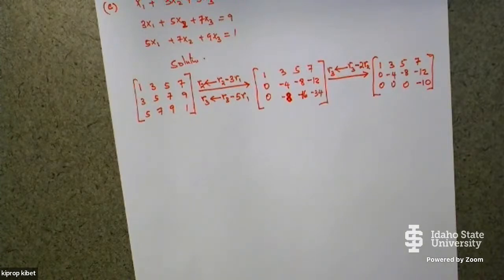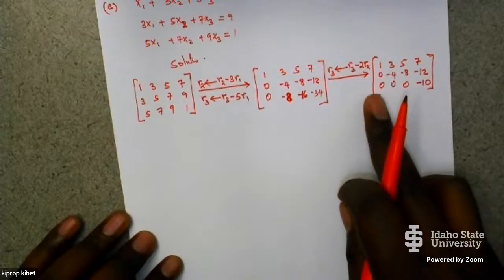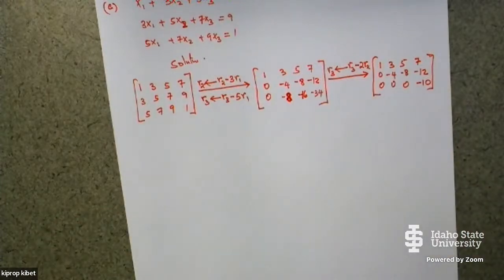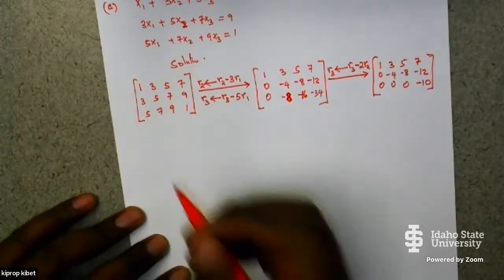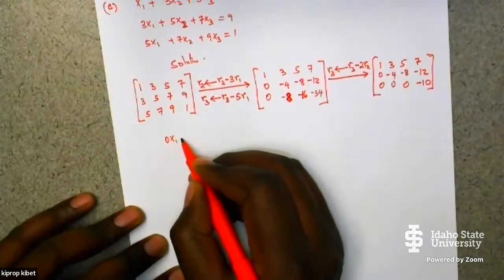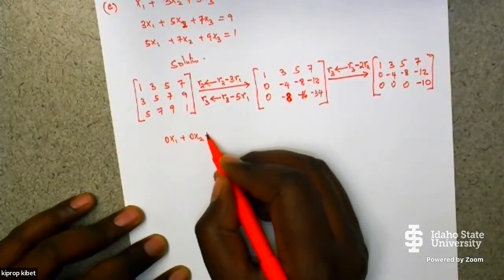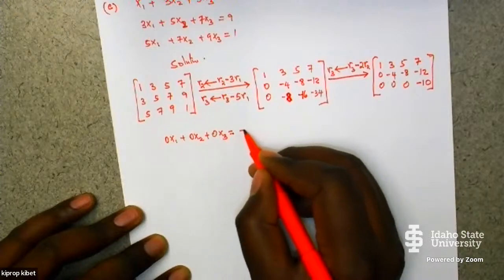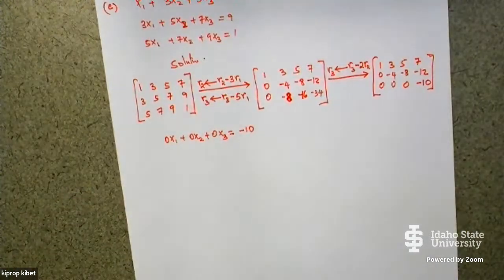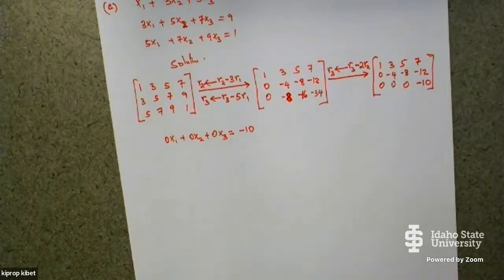So in this case, we have the last row here. If you look at the last row, what is happening? The last row is 0x1 plus 0x2 plus 0x3 equals minus 10, right? And if you still remember, what did we say? If we have a value here and all these are zeros, it is what? So we have the contradictory row.